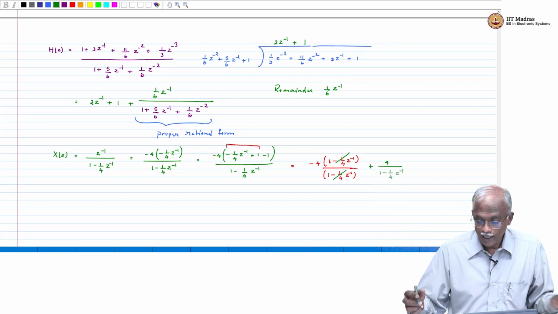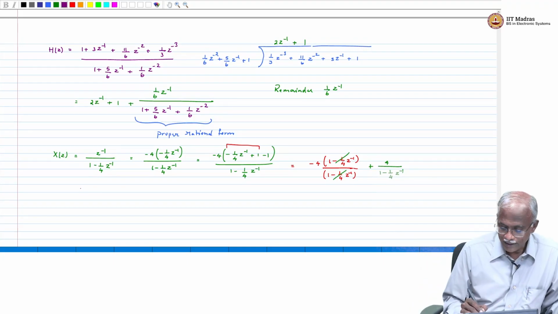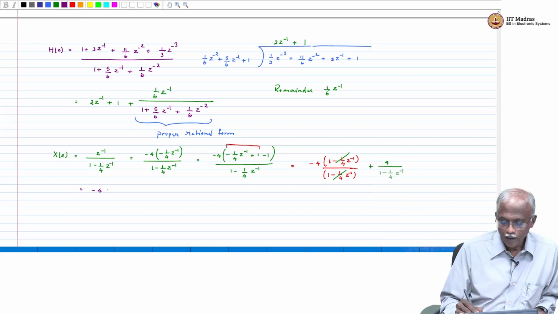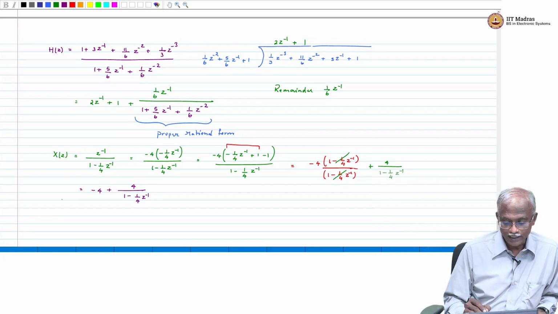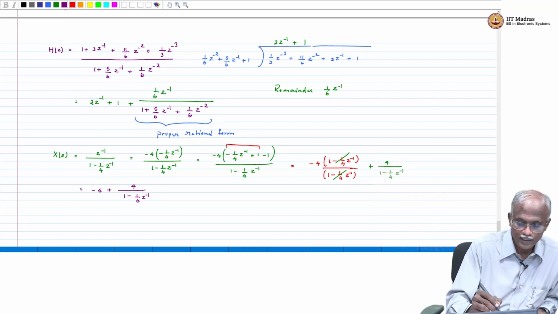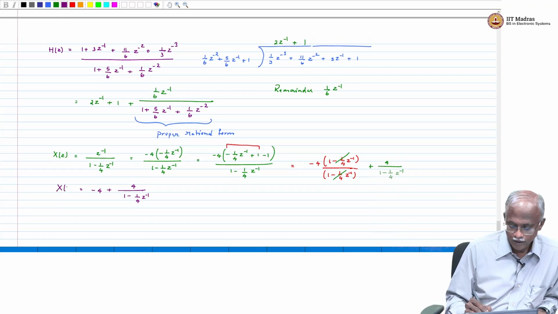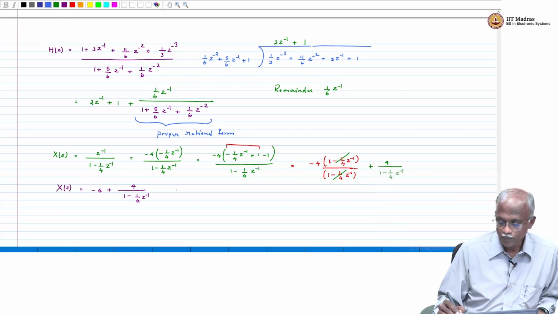Okay, and so what we are saying is this sequence is equal to minus 4 plus 4 divided by 1 minus 1/4 z inverse. How do I calculate the inverse Z transform? If this is x of z, okay, what is the corresponding x of n?